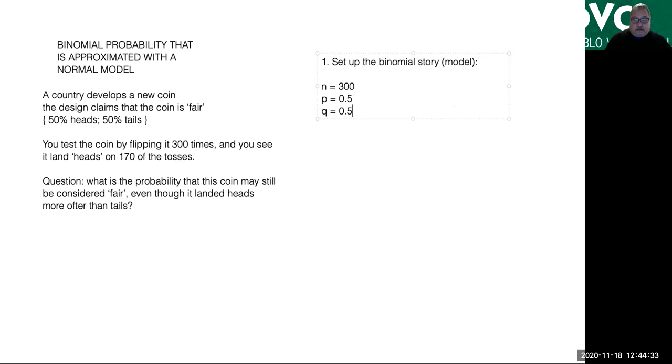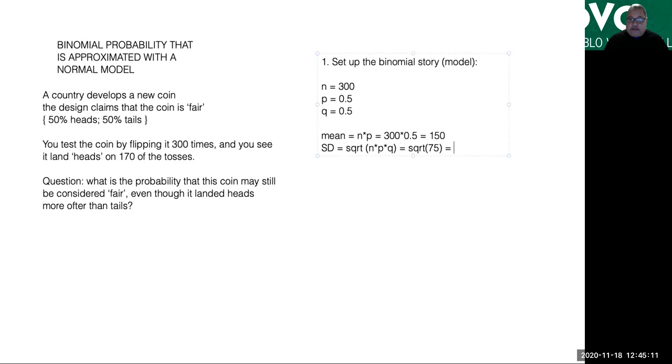So the mean will be N times P, which is 150. It's 300 times a half. And then the standard deviation should be the square root of N times P times Q, which is the square root of 75, about 8.6 or so.